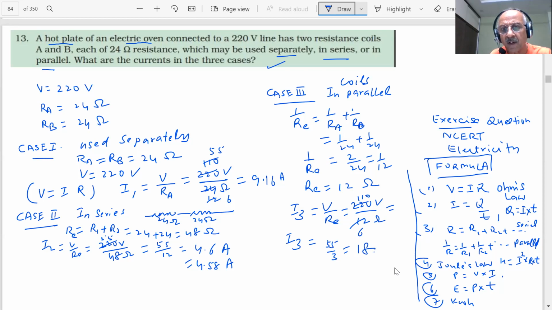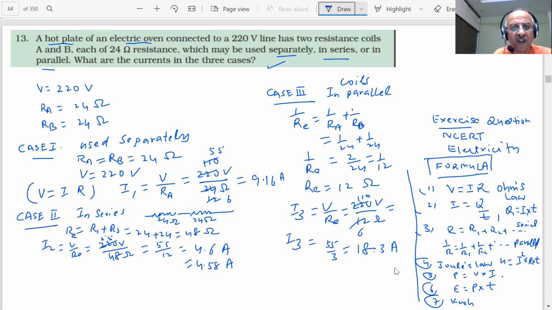18.3 ampere. So you can see when the resistors are connected in different combinations, the current in the three cases is totally different. Individually, the current is 9.16 ampere.